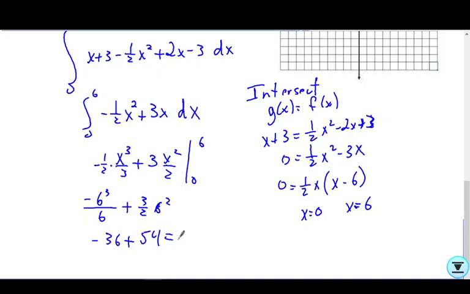So 54 minus 36 would be, just make sure, 18. And that's our area.